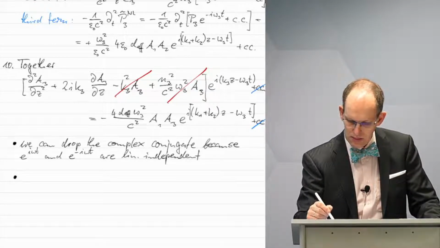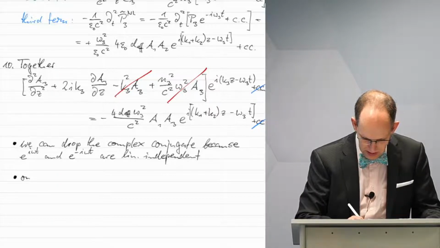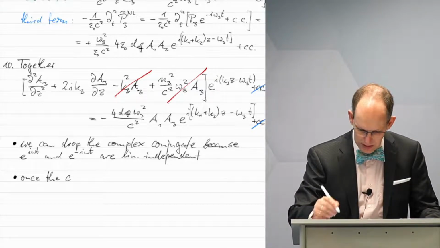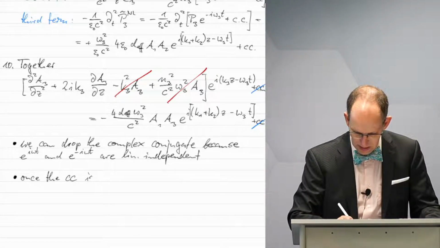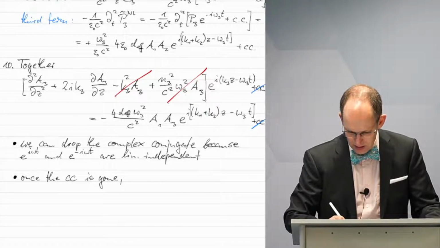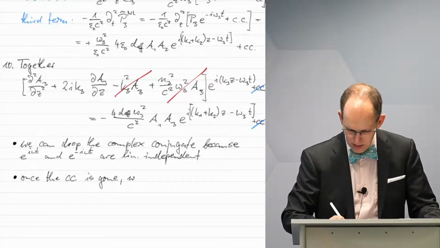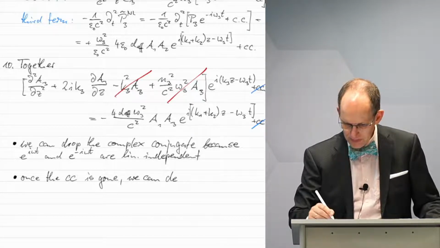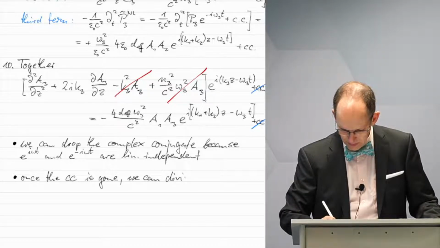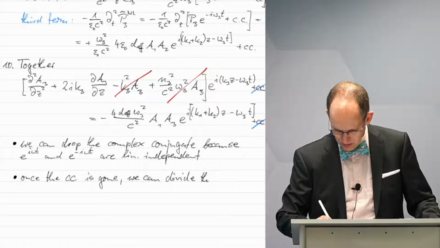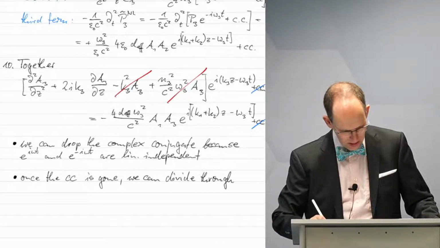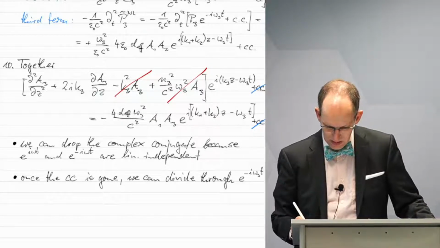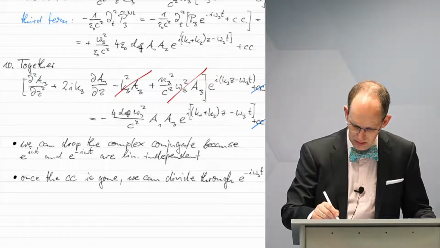Once the complex conjugate is gone, we can divide through e to the minus I omega 3 times t.